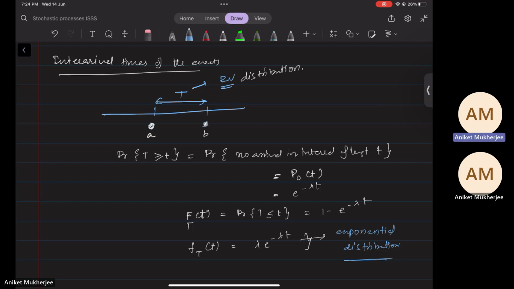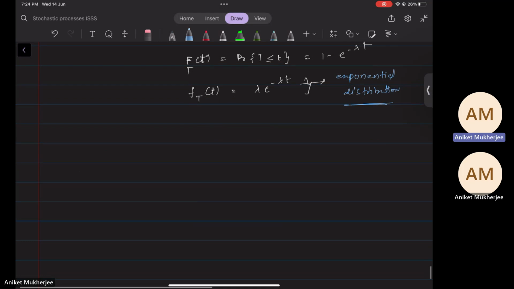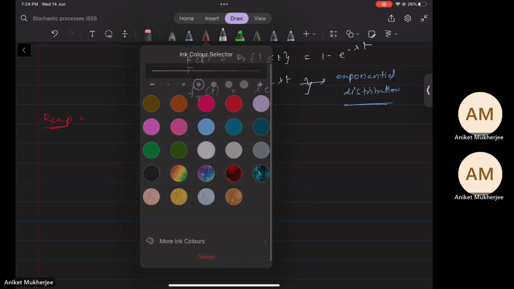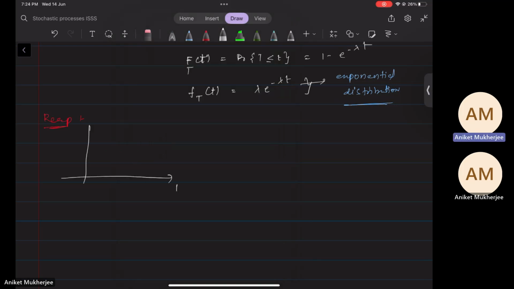So I'll just give a recap of what I've taught today. You have an index set T and a state space. General random processes take values in this and they are random in nature.